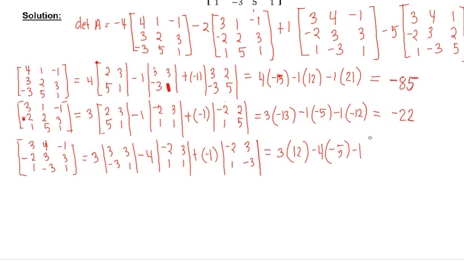And then lastly, minus 1, that is negative 2 times negative 3, this diagonal is positive 6, minus the product of this upper diagonal, that is 3. So negative 2 times negative 3 is positive 6, minus 3, that is 3.